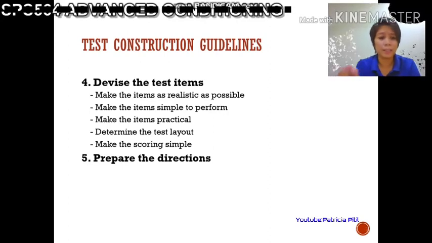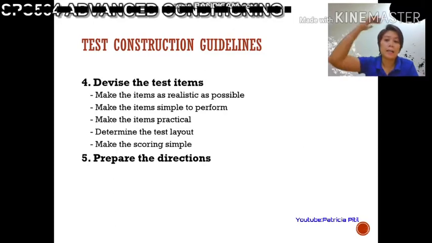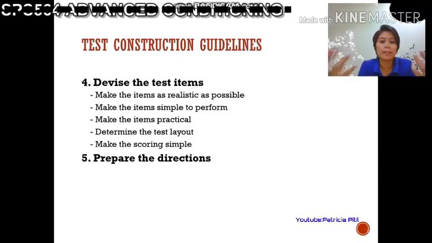And then the fourth one, devise the test item. Now, when you have decided, you should know what the test components are. Are they really specific in terms of measurement? And then, do you know how to conduct it? Does it need space, huge space, small space? The test item should be very specific, and do you have the scoring sample, scoring to indicate that they are fast, strong, or covered a long distance?